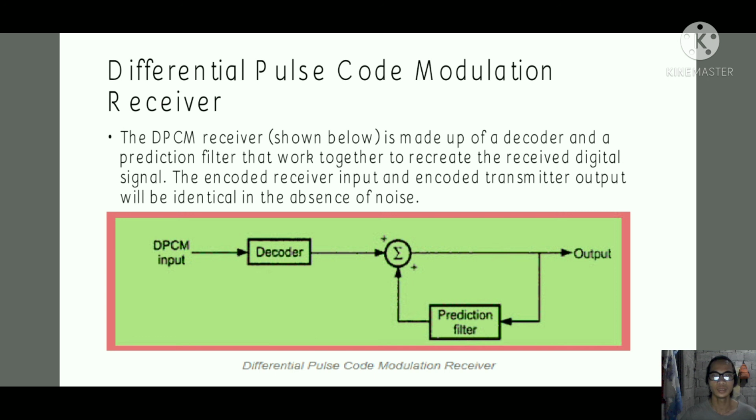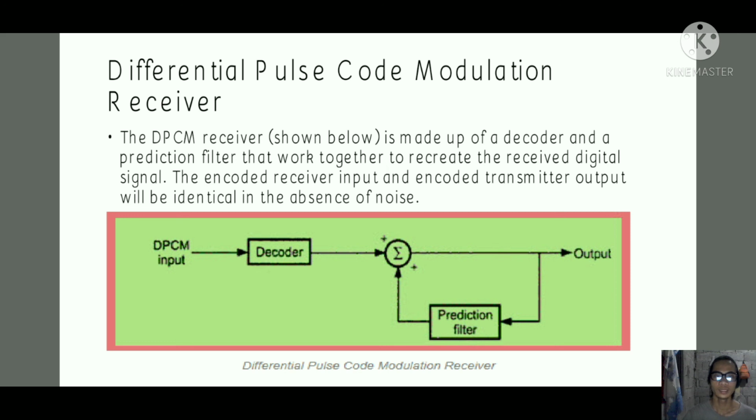The decoder's input and the encoded transmitter output will be identical in the absence of noise. As previously stated, the predictor calculates a value based on a past output. The decoder output is combined with the predictor's output to get a superior result.